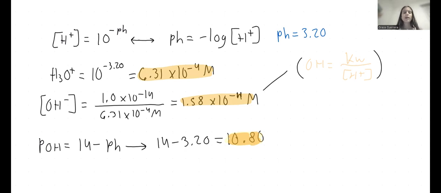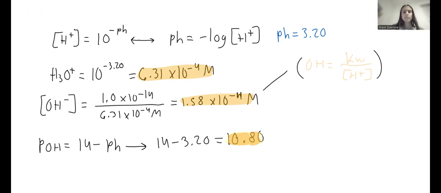So in this case, we set our hydronium equal to 10 to the negative 3.20, our pH, and that gives us a result of 6.31 times 10 to the negative 4 molarity. So that's the concentration for our acid.